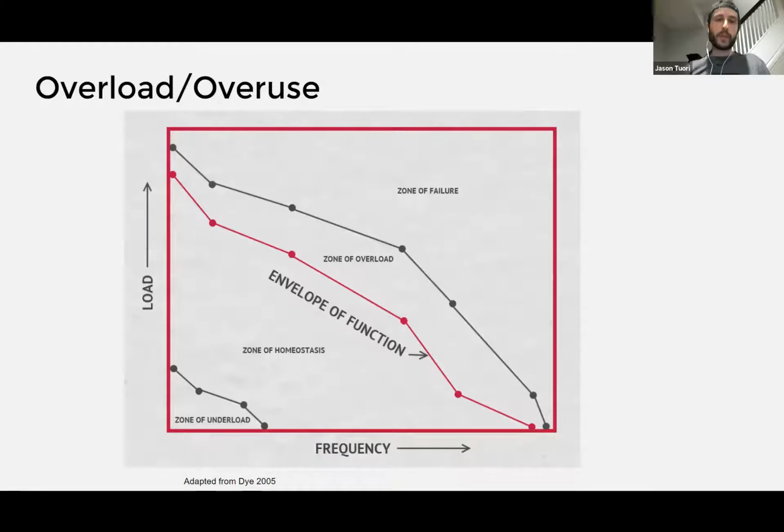So for overuse or overload, we'll refer back to the envelope of function theory that Scott Dye proposed in 2005. And this was a model that was created by a surgeon who had his partner operate on his knee with only local anesthetic. So they basically wanted to map out what are the most painful structures in the knee.